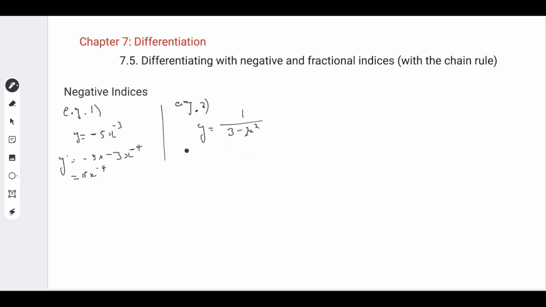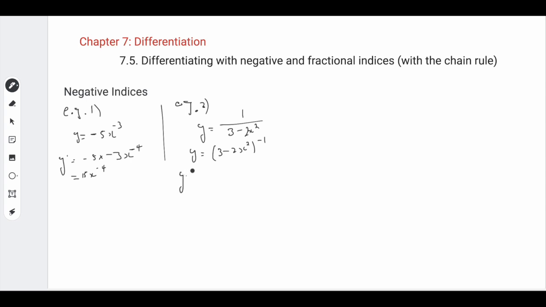But really, it's nothing new, nothing different, right? If I just rewrote this as y equals, in brackets, 3 minus 2x squared, all to the power of minus 1, because these two are the same thing, right? Now all of a sudden this becomes something we're really familiar with. We can use the chain rule.